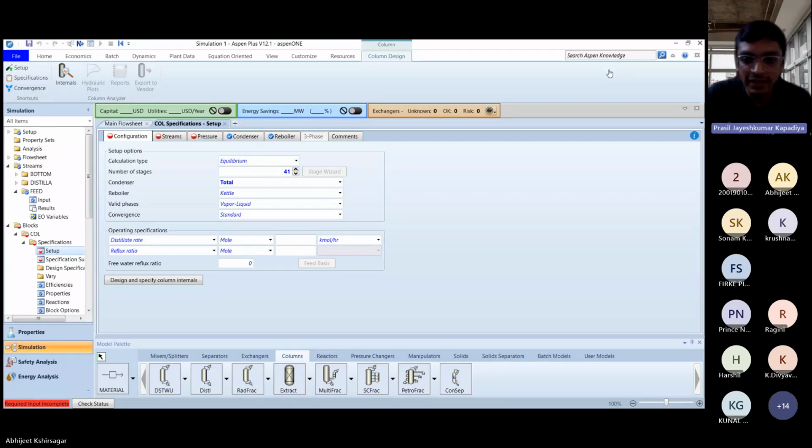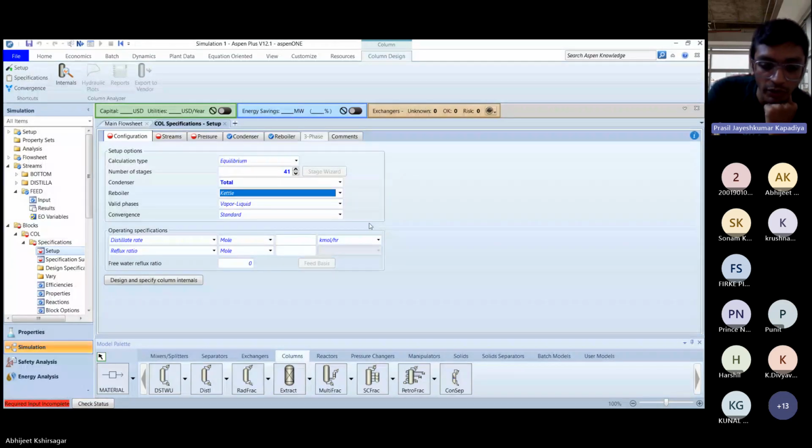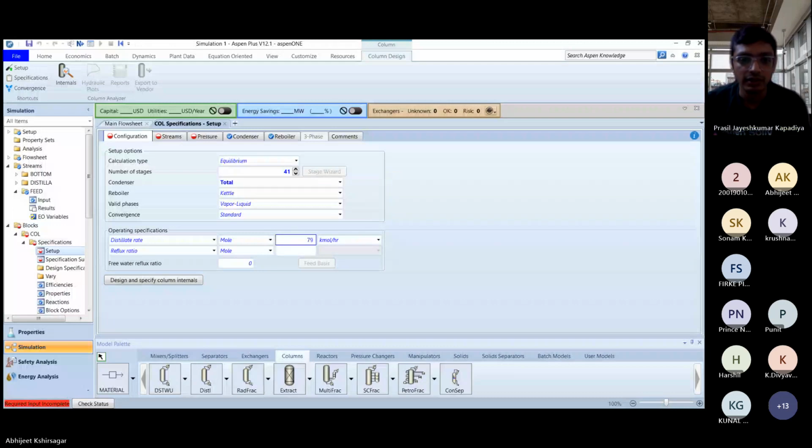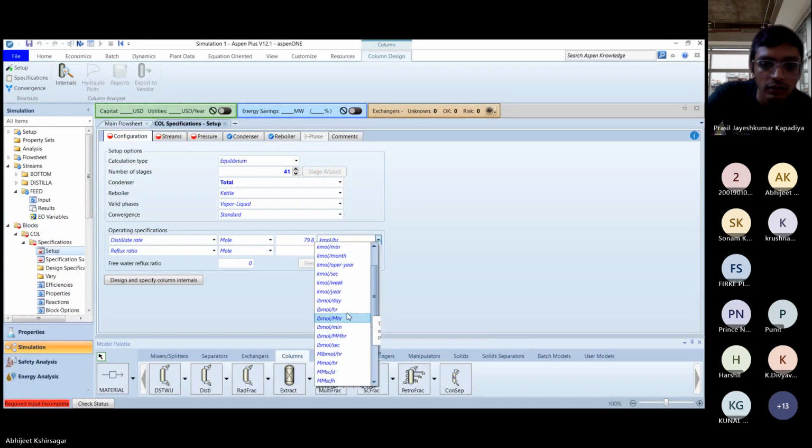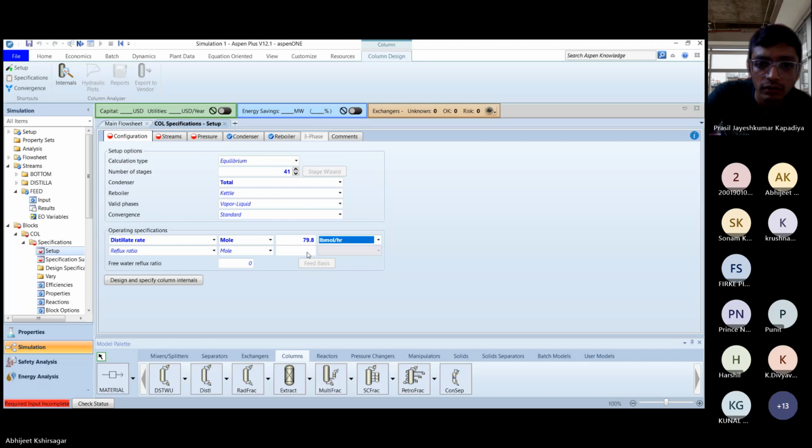Okay. Distillate rate I will give you. We are given two conditions. Distillate rate is 79.8 pound moles per hour, and reflux ratio on mole basis is 8.75. Now go to next.